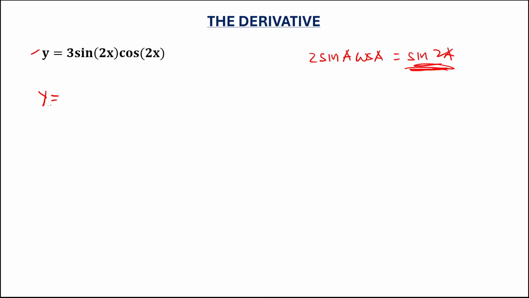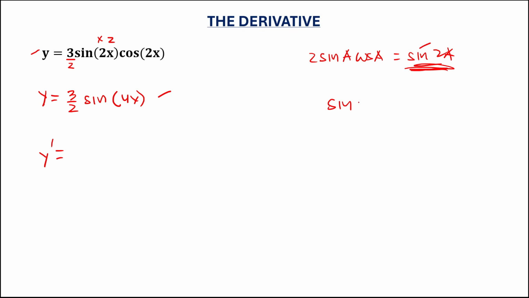So y equals, first, divide this number by 2, so this becomes 3 over 2. Then we have sine, then multiply this angle by 2. So 2 times 2 is 4, so this becomes 4x. And from this, we can find now the derivative.